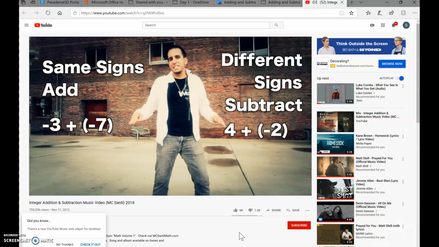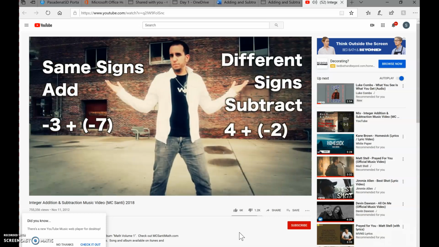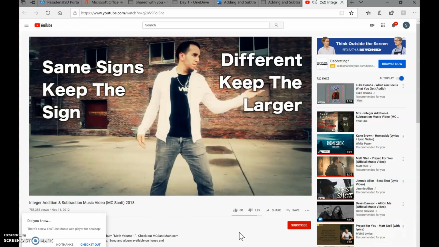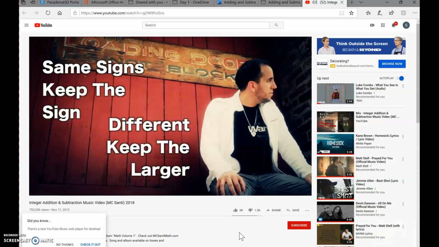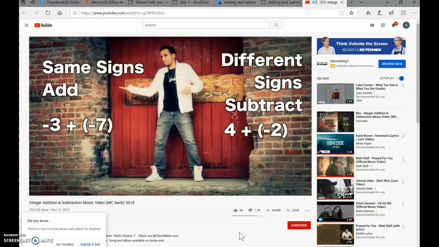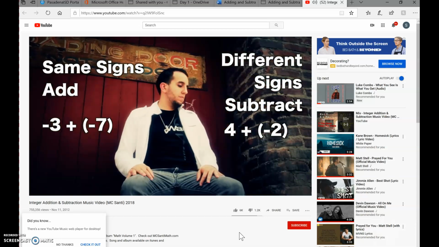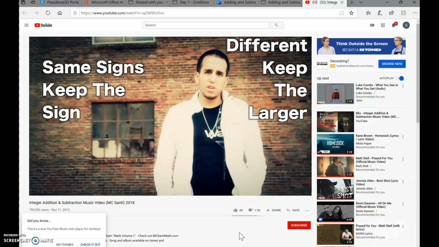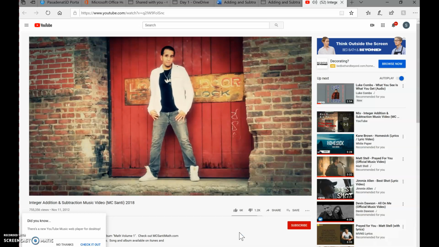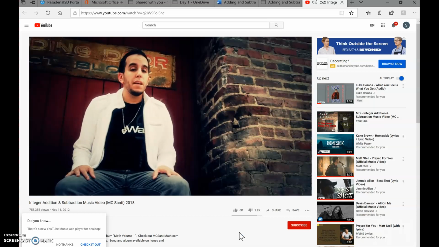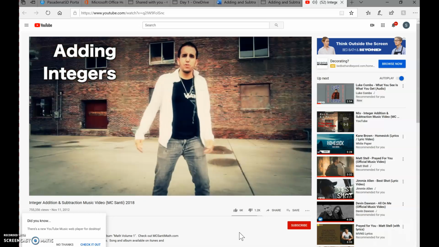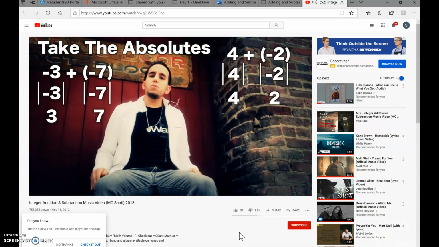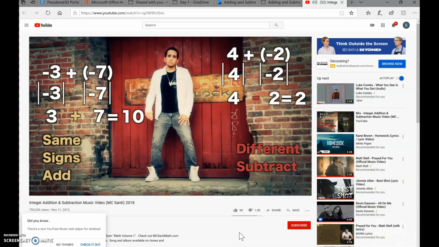Same signs add, different signs subtract. Same sign, keep the sign, different, keep the larger. Check it. I got a problem, I gotta solve it. Add integers with negative. Take the absolutes, take the absolutes. Same sign add, different subtract.